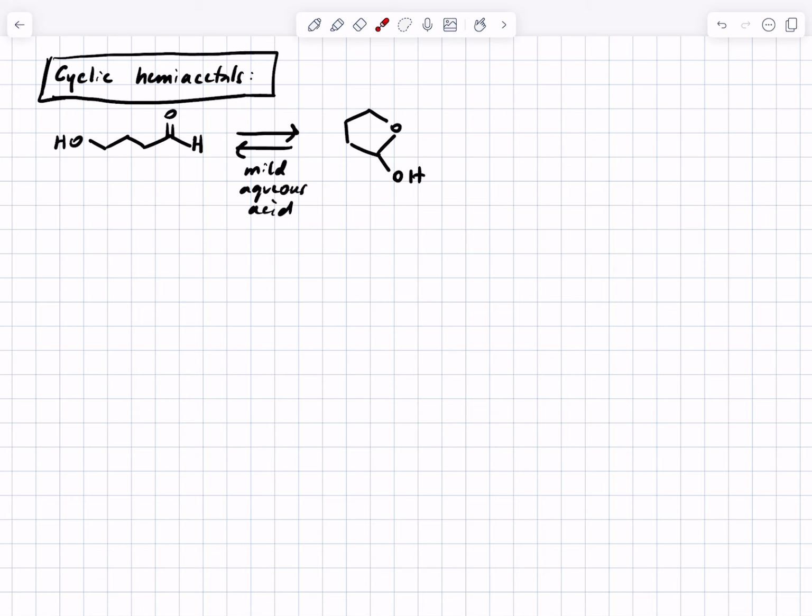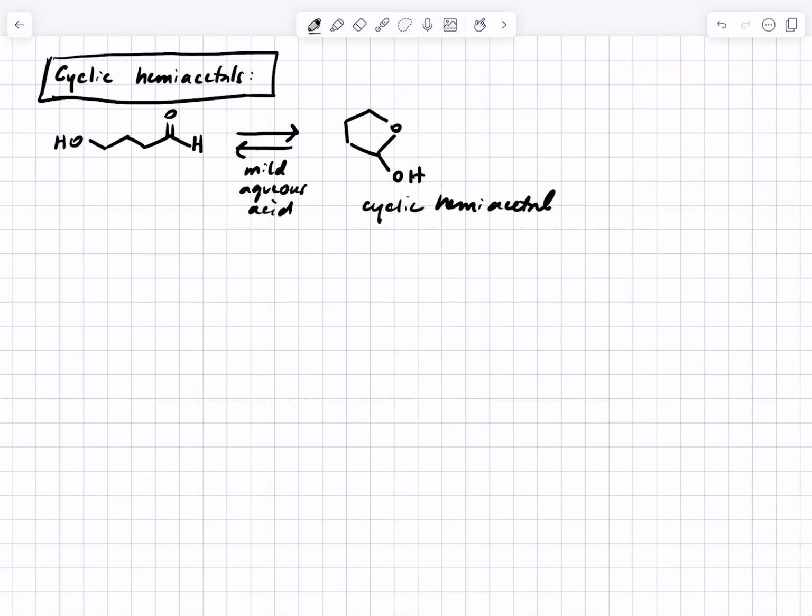My guess is 50% of you are going to say it's an alcohol. You're not wrong, but you sort of are wrong, because it's not really just a regular alcohol, it's a hemiacetal. So you got to get good at pattern recognition in unfamiliar circumstances. This, what I've drawn here on the right, is a cyclic hemiacetal.